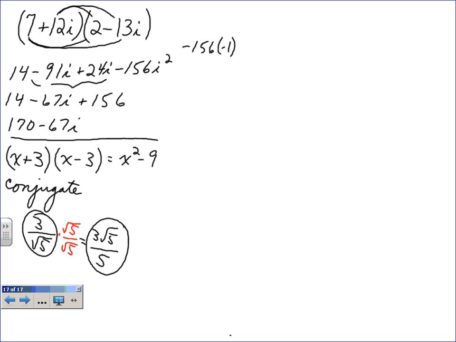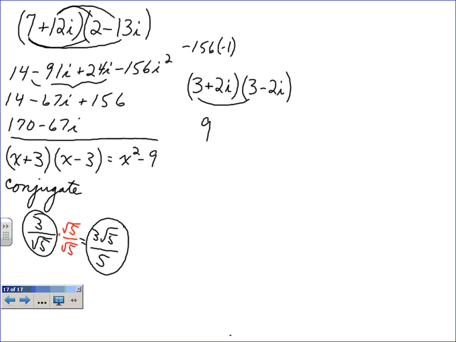So, let's get back to this conjugate. 3 plus 2i. What is the conjugate of 3 plus 2i? Yeah, 3 minus 2i. All right? Let's see what happens when I multiply a complex number by its conjugate. Using FOIL, 3 times 3 is 9.